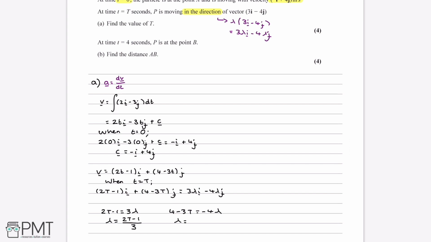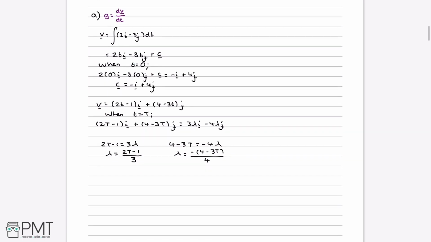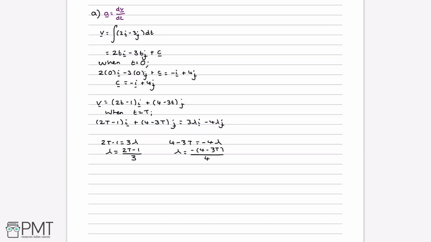And here, lambda is equal to (4 minus 3T) all over minus 4, if we divide by minus 4. We now have two expressions that both start with lambda equals, which means that if we call this equation 1 and this equation 2, we can set equation 1 equal to equation 2.